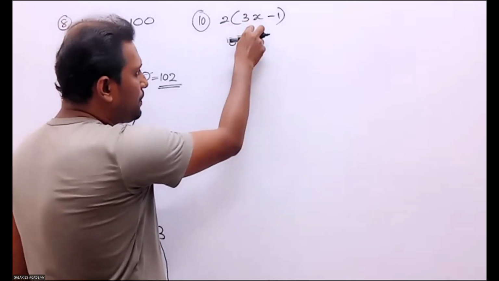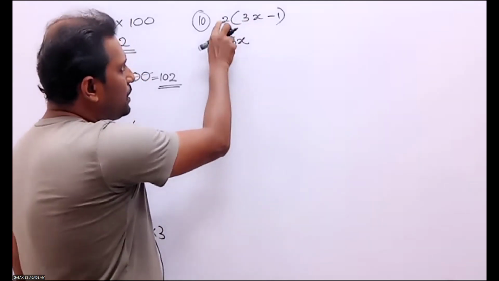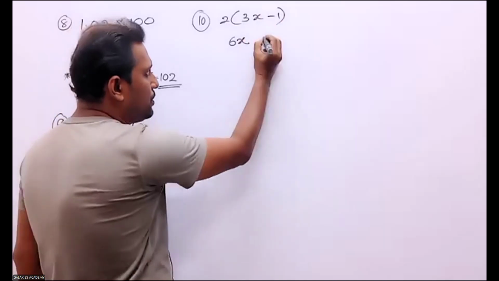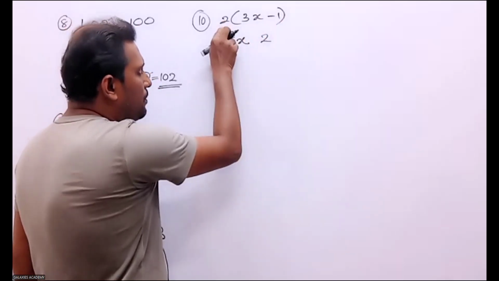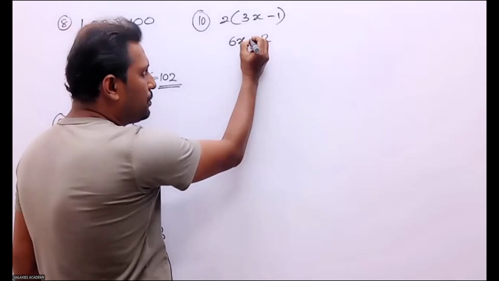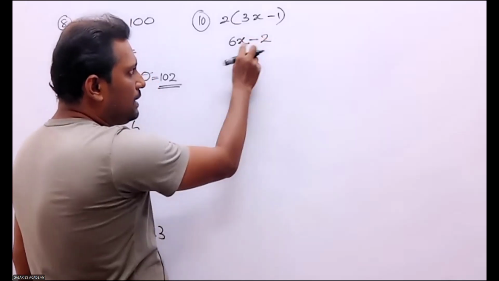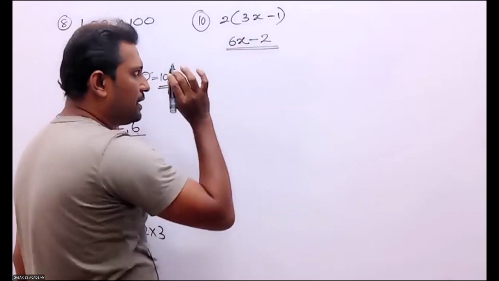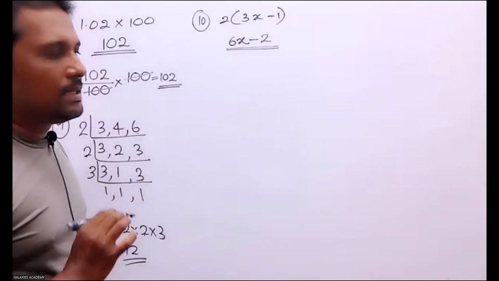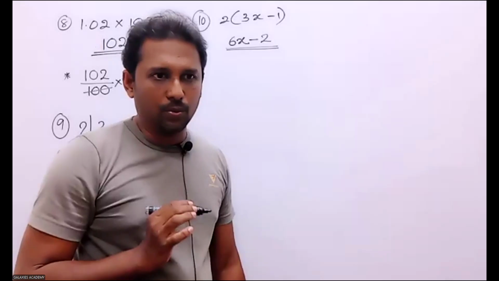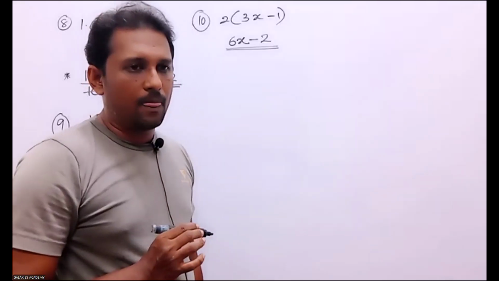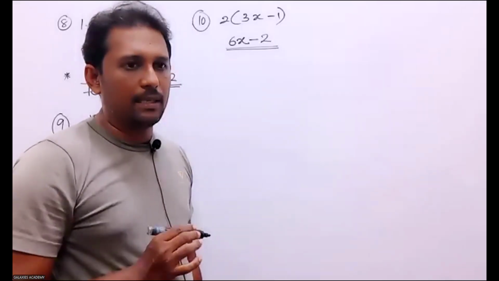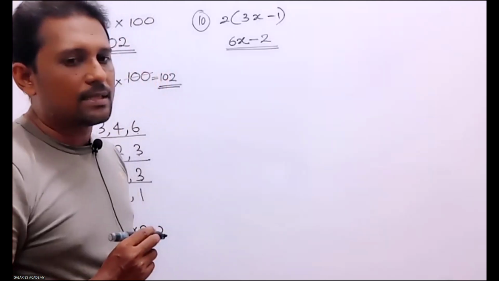Positive multiply positive, positive. 2 multiply 1, 2. Positive multiply negative, negative. These two are unlike terms, so you can't simplify further. So what is the answer? 6x minus 2, right? 6x minus 2. It is the 10th question.